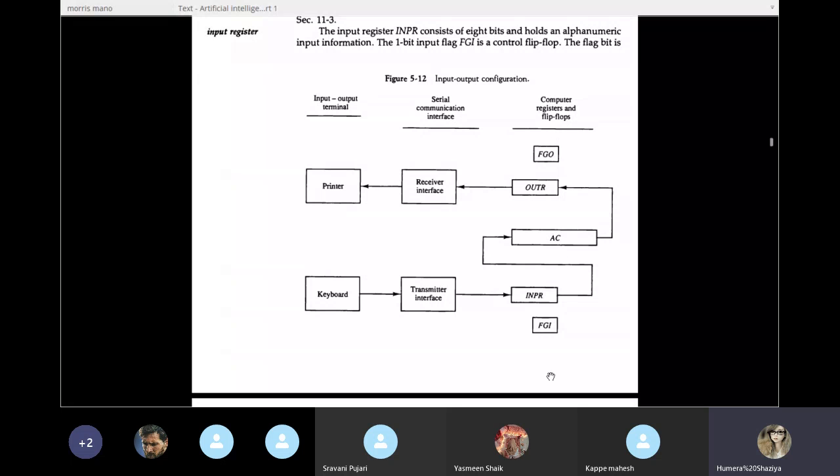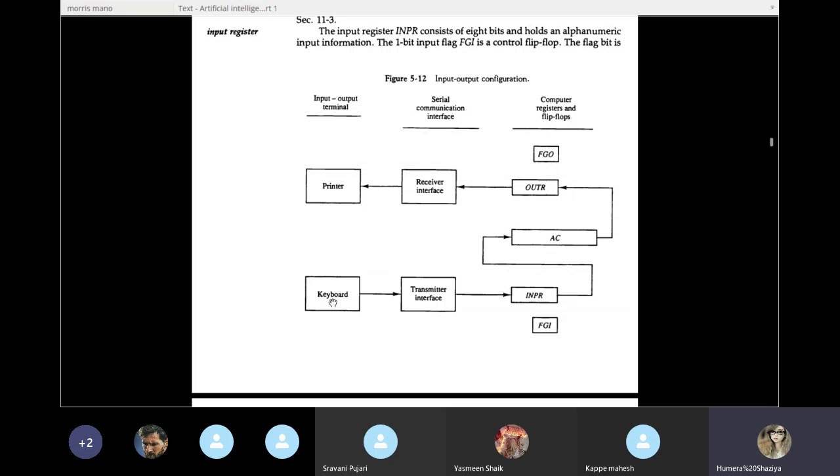We have the input flag FGI, which stands for input flag. It is a flip-flop. FGO is the output flag. It is also a flip-flop, which means it can store only a single bit of information. And then the input device is a keyboard, and the output device is a printer.